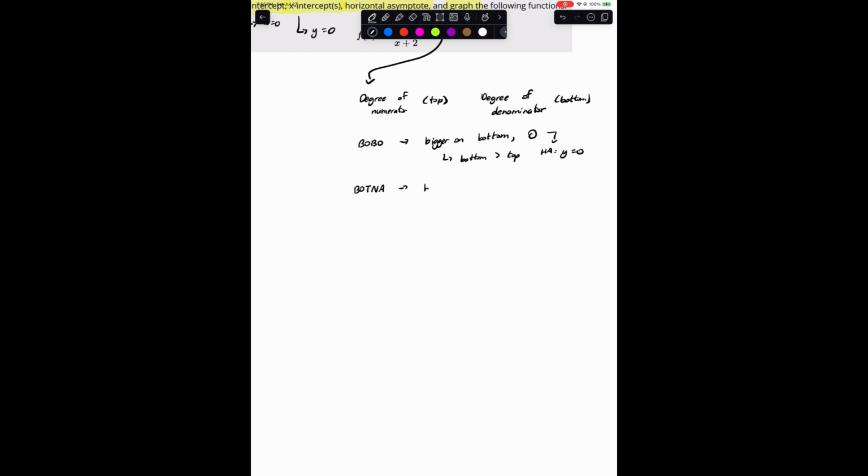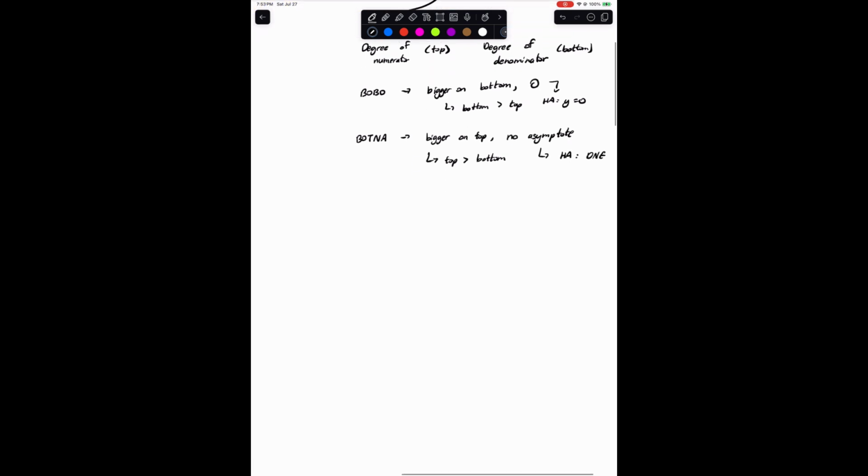BOTNA means bigger on top, no asymptote. As it implies, your top is larger than the bottom, and your HA does not exist. And we have EATS DC: exponents are the same, divide coefficients.